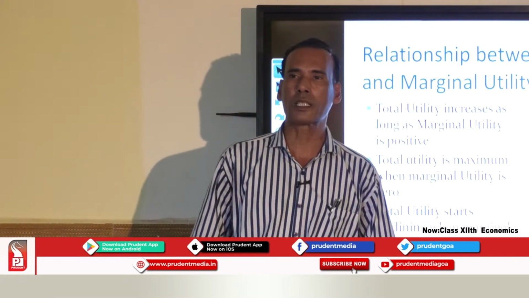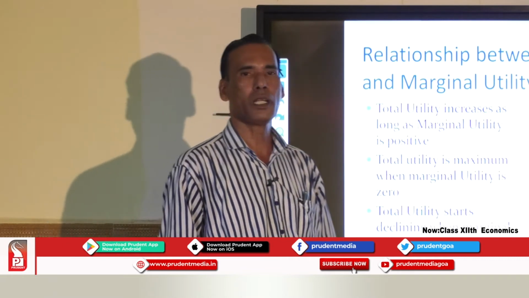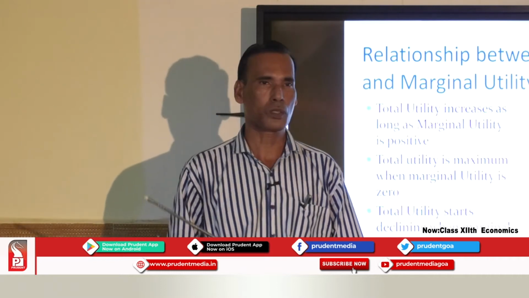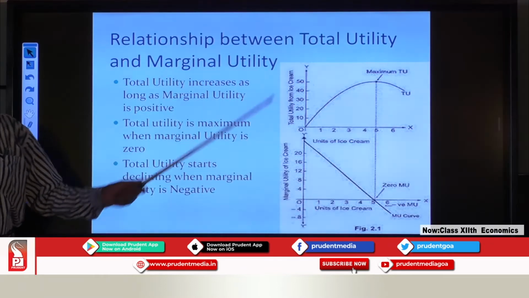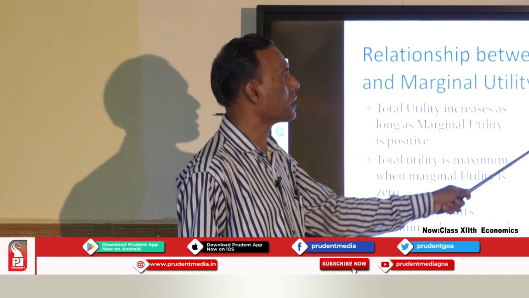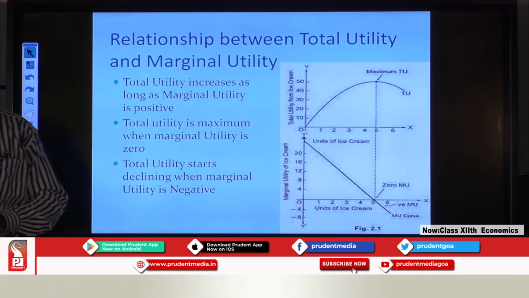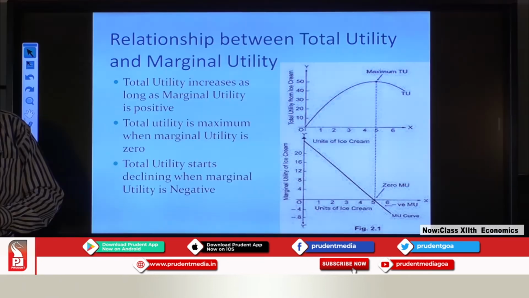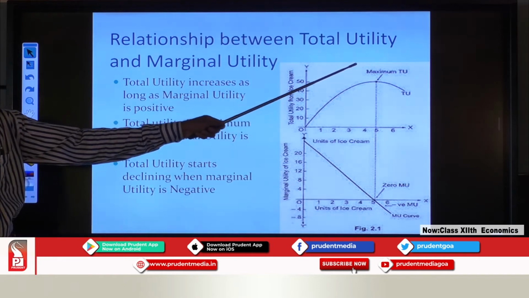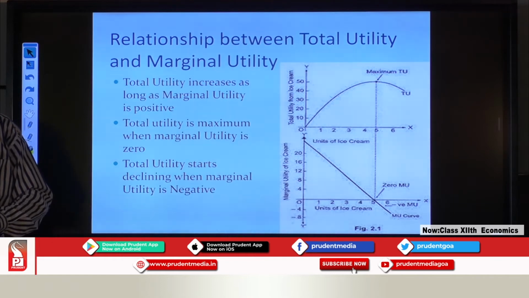Now, let us see the relationship between total utility and marginal utility. Here you need to take note. The first thing that you should know about total utility and marginal utility: as the total utility goes on increasing, marginal utility is positive. When total utility reaches the maximum level, marginal utility becomes 0.